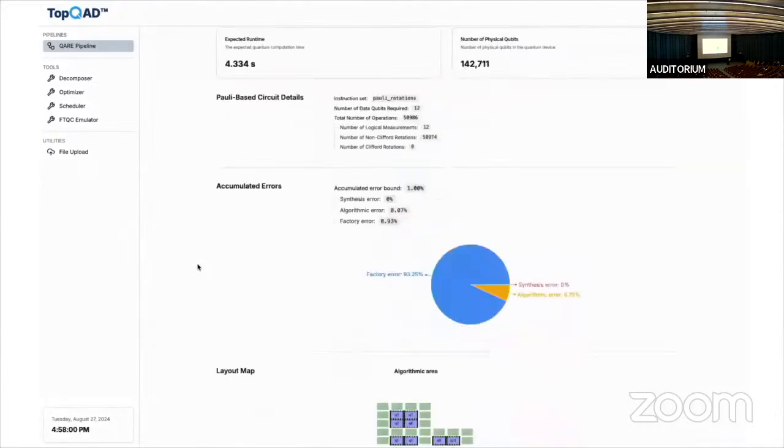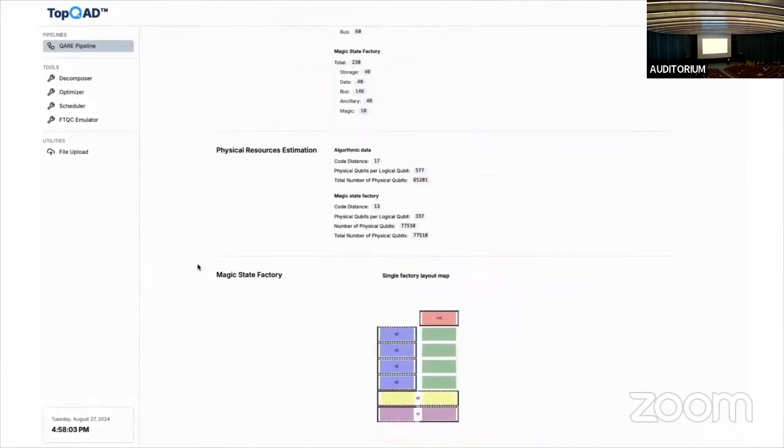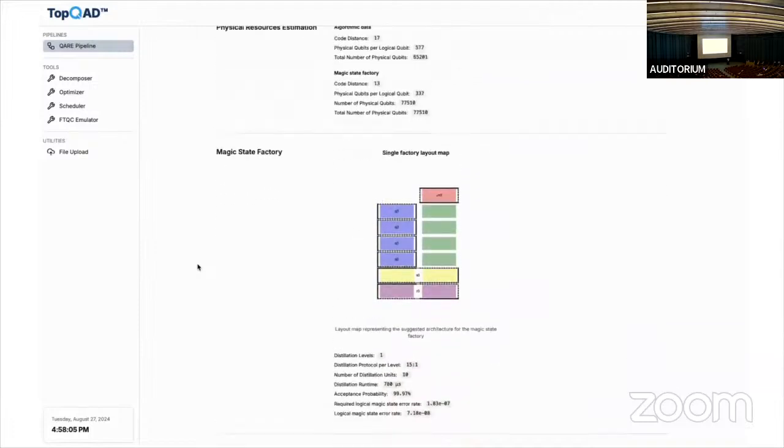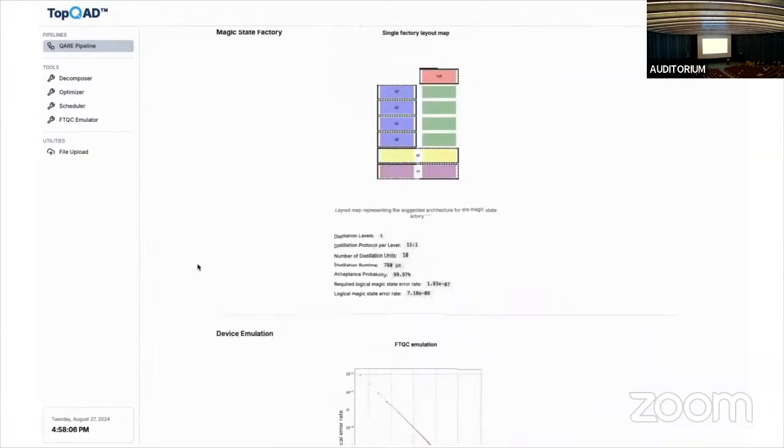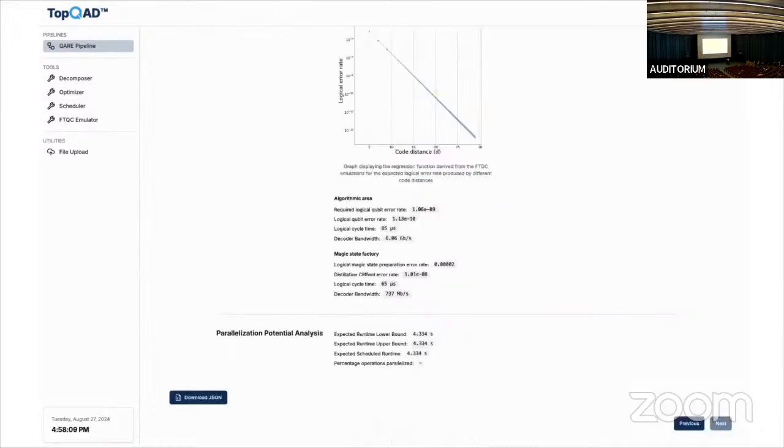In this toolkit, the user can input a circuit, a target error bound, for example 1% as the maximum allowed probability of error for running that circuit, and the parameters that characterize a qubit, such as the measurement time, the qubit fidelity, and so on.